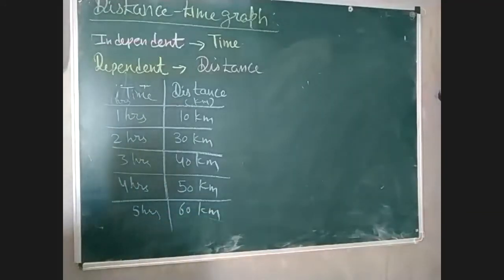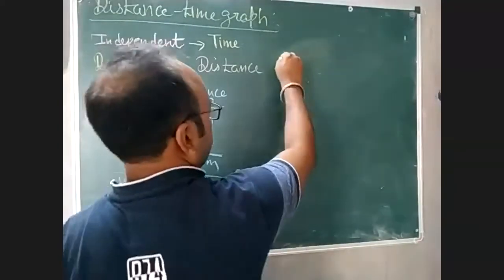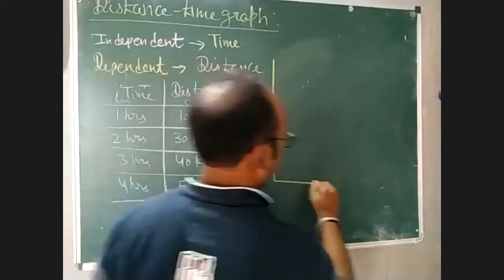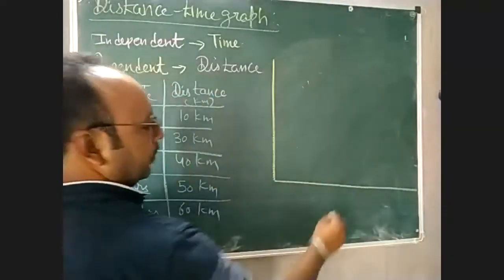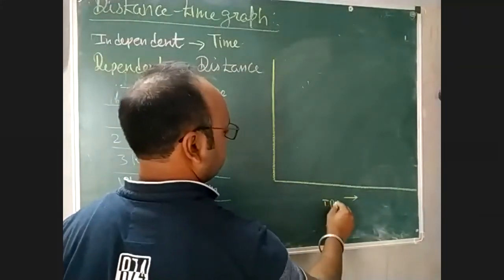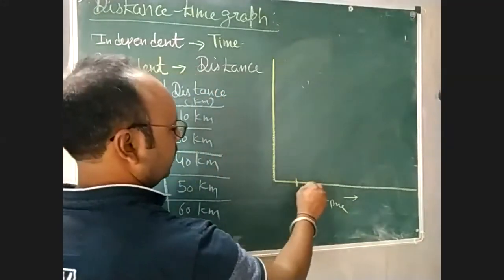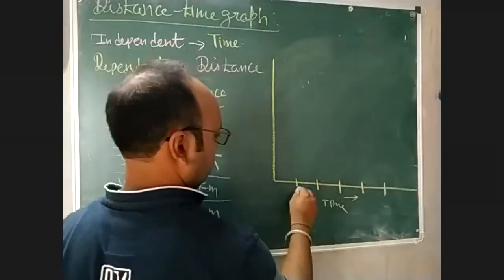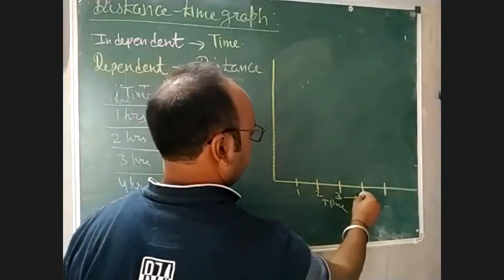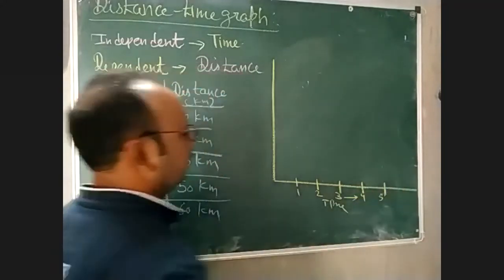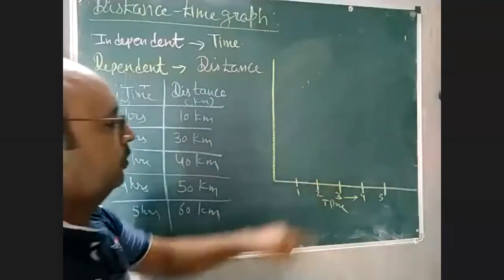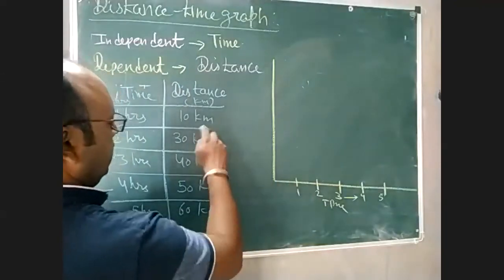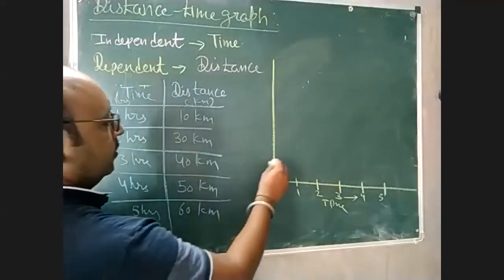Now let's take the values by using that graph. So here is the time. I'm taking 1, 2, 3, 4, 5. But in your graph paper, you will take the dark, bold line as 1, 2, 3 points. And on the other side, 10, 30, 40. So the difference is almost 10.